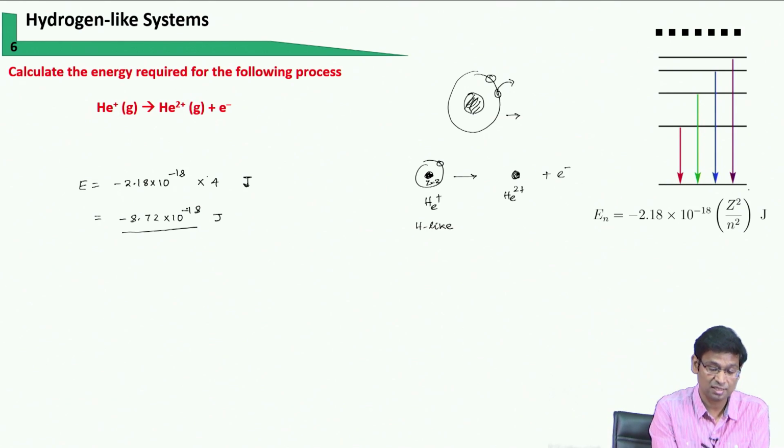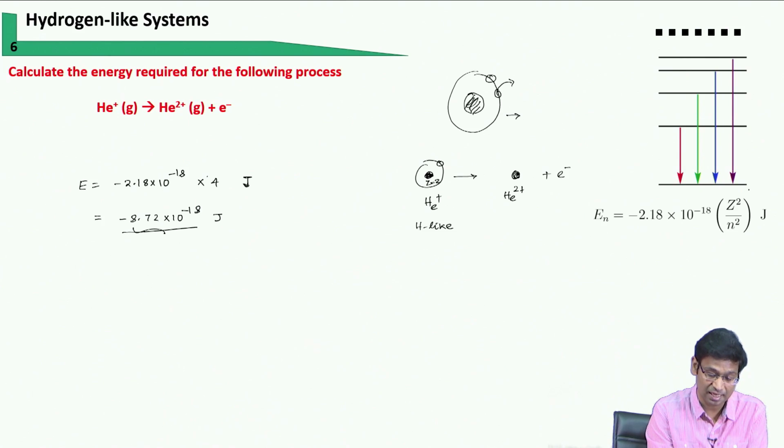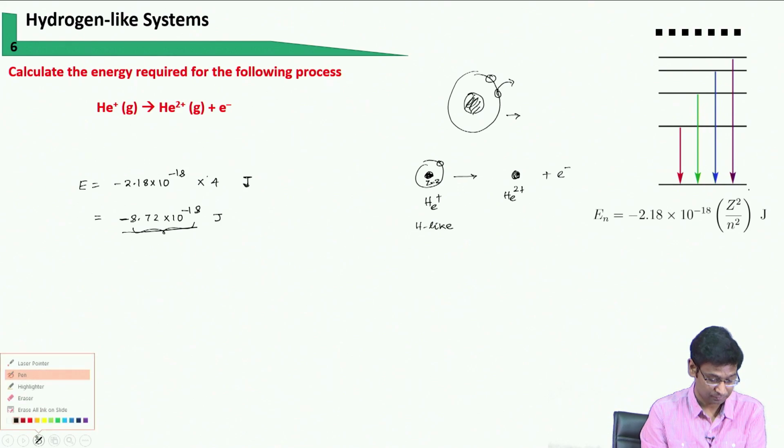The negative sign indicates that the system He plus is a stable system. So, I must give 8.72 into 10 to the power minus 18 joules to ionize this electron. Therefore, the energy required is this quantity shown here.